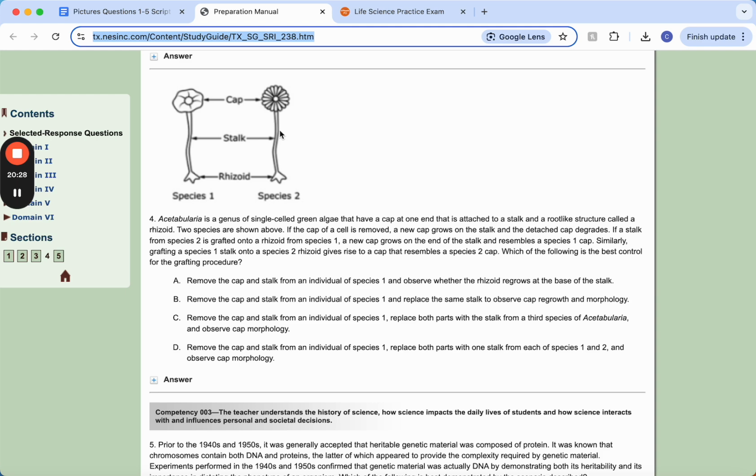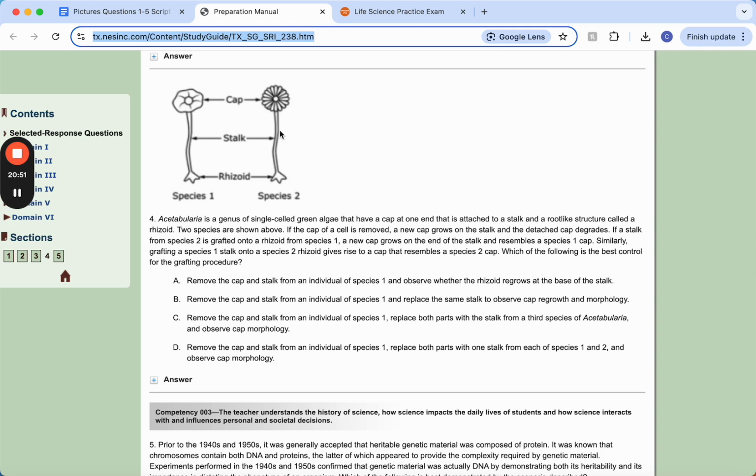The control group of an experiment is the group that does not receive the new variable, which in this case is the grafting of a new species. So we're looking for one of these answers to not be applying the new variable.